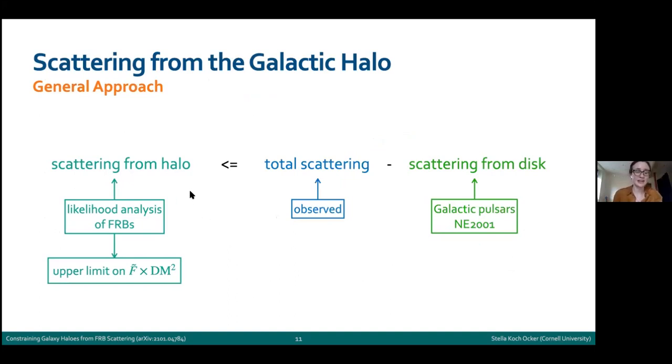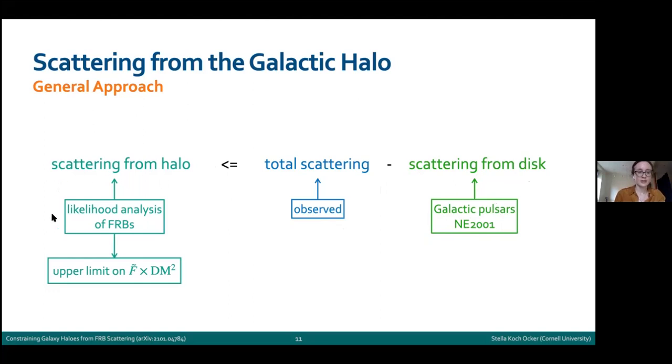So how do we actually take all of that and get to a scattering constraint for the Milky Way halo? Well, our approach is fairly simple. We just take the scattering from the galactic halo and approximate it as less than or equal to the total scattering that's observed minus the amount of scattering that's coming from the galactic disk. We can constrain the amount of scattering from the galactic disk using the pulsar population and the galactic electron density model, NE2001.